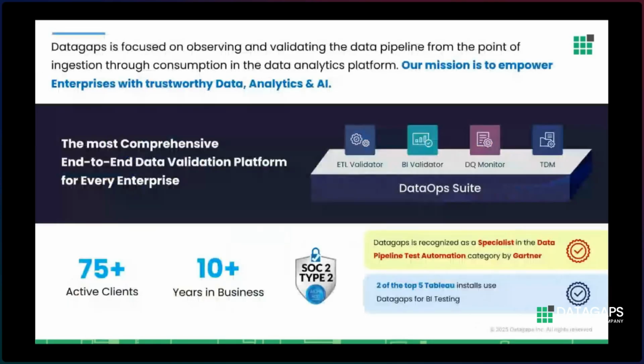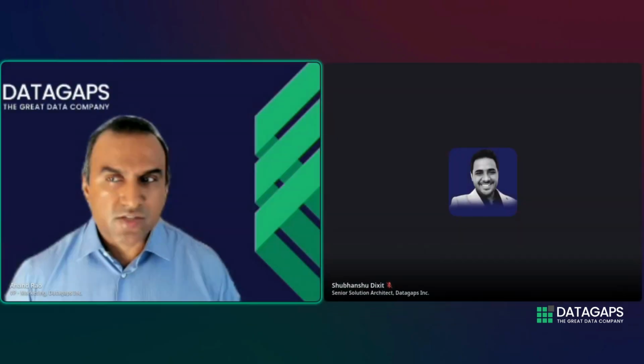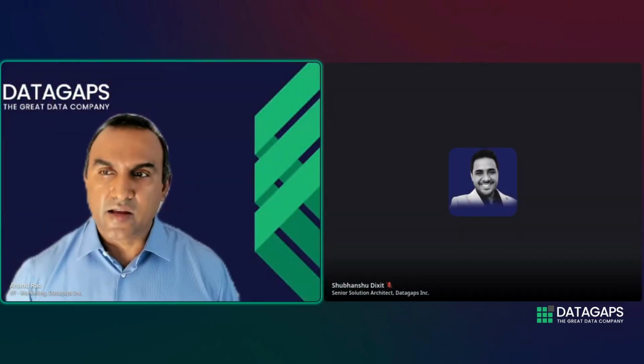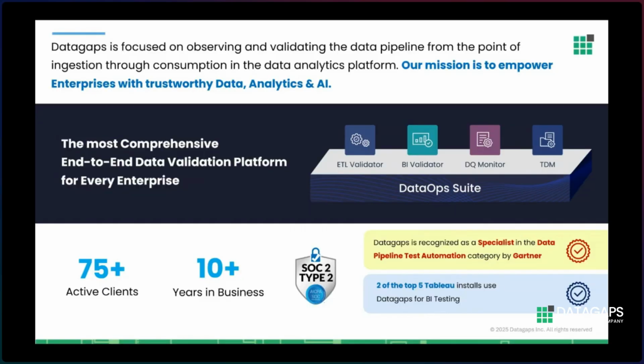So for those of you who are new to Datagaps, we focus on observing and validating the full data journey, right from data ingestion to consumption in your analytics platform. Our mission is to empower enterprises with trustworthy data, analytics, and AI. We deliver this through the DataOps suite, an end-to-end web platform that can be licensed with individual modules that you see there or as a bundle.